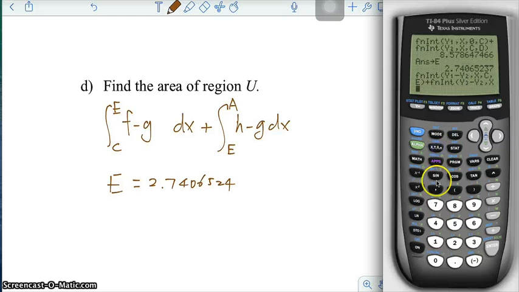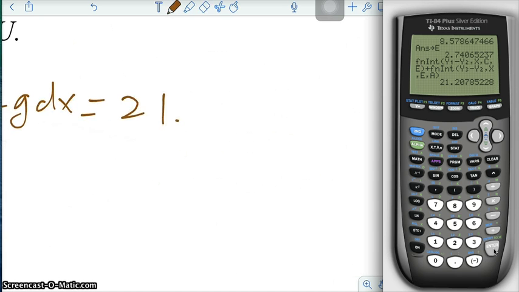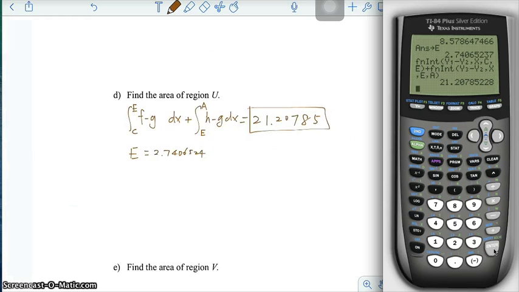Again, with respect to x, the lower limit this time is E, and the upper limit is going to be A. We haven't used A for a while, but now we're going back to use A. Then push enter. You will find the answer for this would be 21.207A5. That will be your answer for this region.